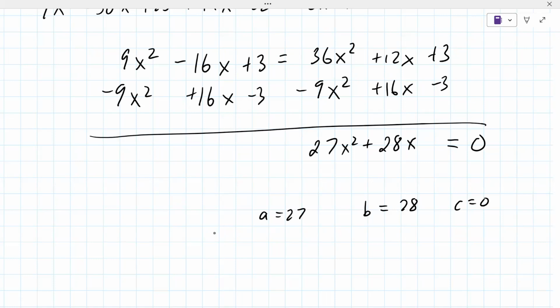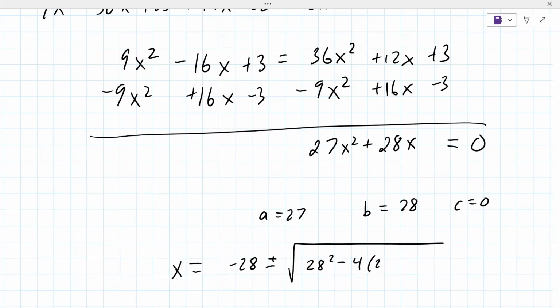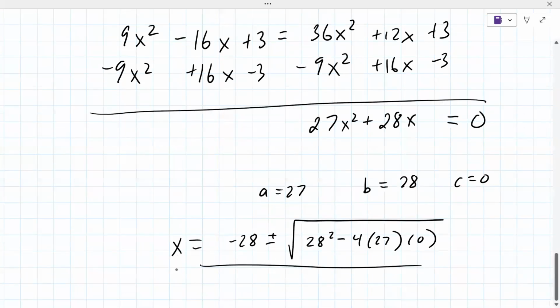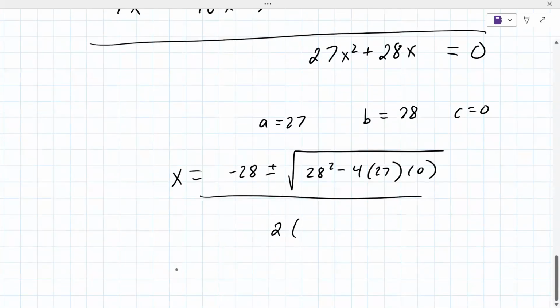All right, I apologize for that. So, yeah, x equals minus B plus or minus the square root of B squared minus 4 times 27 times 0, all over 2A. And it cancels out, of course, because of the 0. So it's not that bad.